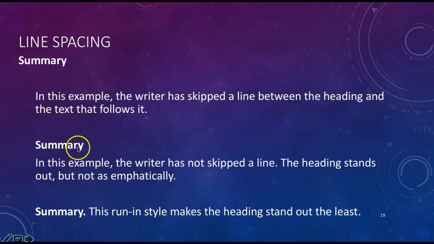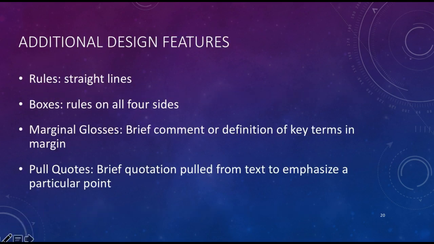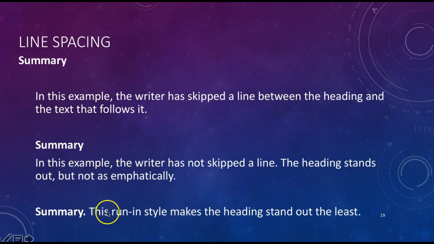You can have summary, no line, and have the text, or you can have summary and have the text begin, whoops, I'm sorry, let me go back here, summary and have the text begin on the same line as the summary. The key to this is one style is not better than the other. The key is to be consistent throughout the document.